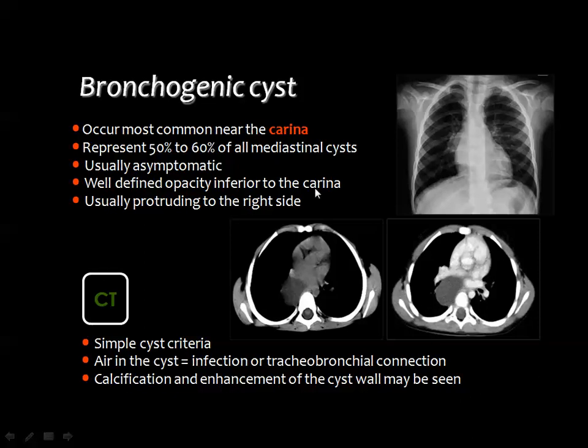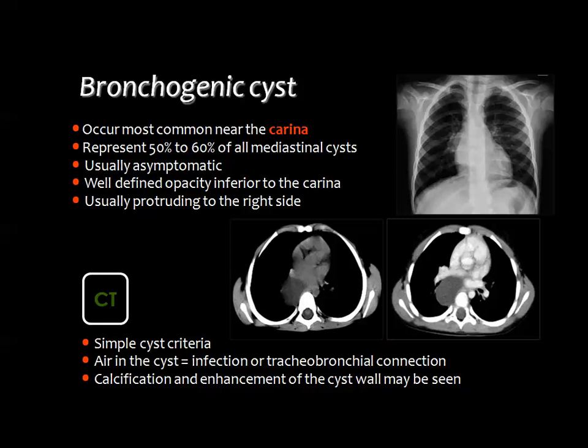And this is the pre-contrast scan showing a cystic lesion at the level of the tracheal bifurcation, and you see the clear water density, no enhancement, no calcium, no internal septations.